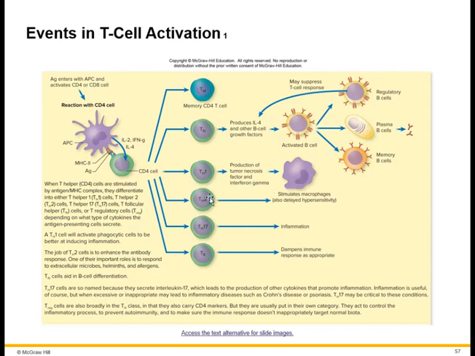Now, T helper 2, it can be involved in delayed hypersensitivity, but really the T helper 2 is involved in responding to extracellular microbes, allergens, and eukaryotic organisms, so protozoans and parasitic worms, so eukaryotic parasites.